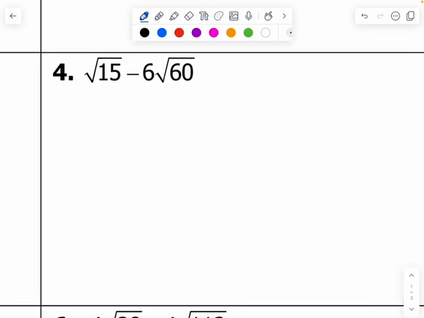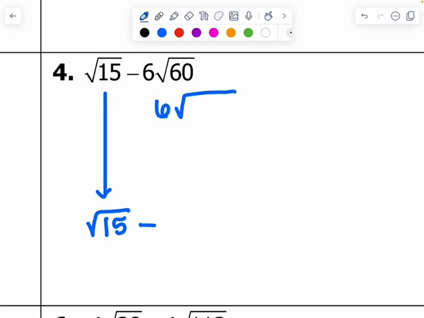Okay, let's look at number 4. Is the square root of 15 simplified? Yes, it is. So we'll just bring it down here. Square root of 15, minus, we have 6 square root 60. So I know that 6 square root 60 is not simplified because 60 is 4 times 15.